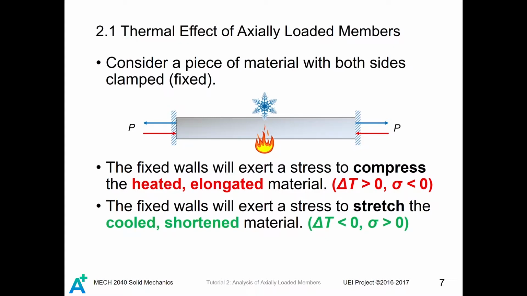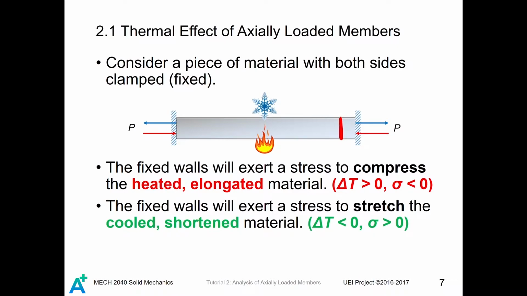When the piece of material is heated, it will become longer, right? But by applying a force on this end, we can put this elongated bar back to its original length. Similarly, when it is under cooling, when it is contracted, the length of the bar will become shorter.